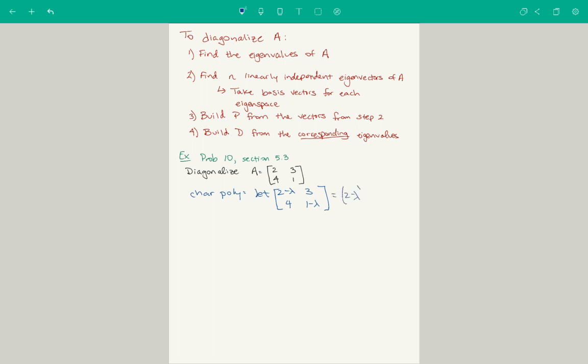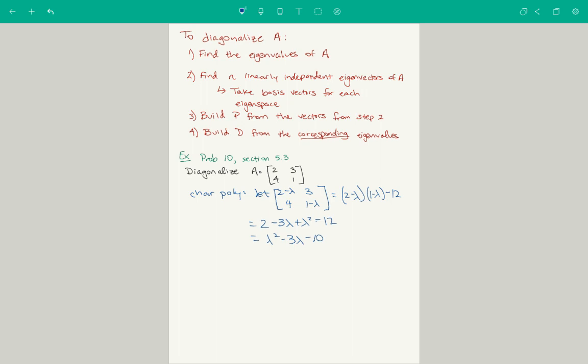We multiply the on-diagonal entries, and then we subtract off the off-diagonal entries. So this is going to give us 2 minus 3 lambda plus lambda squared minus 12. So that means that our characteristic polynomial is lambda squared minus 3 lambda minus 10.